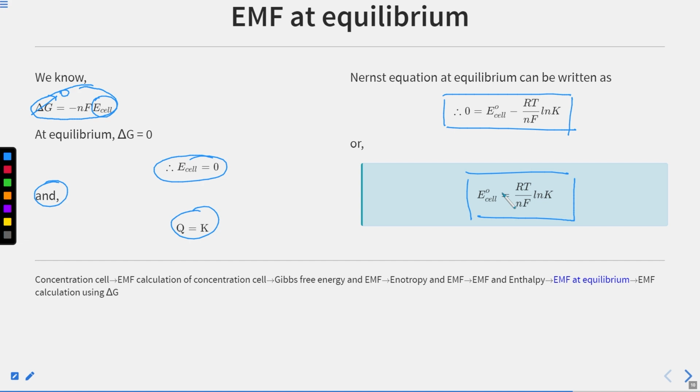Later on, at equilibrium we can calculate E naught cell using our equilibrium constant only.